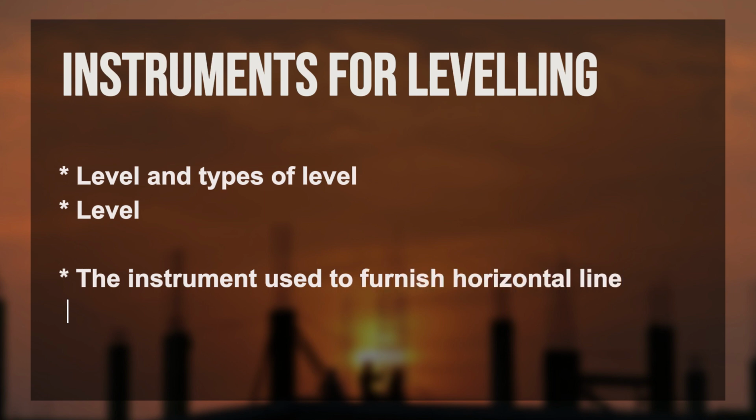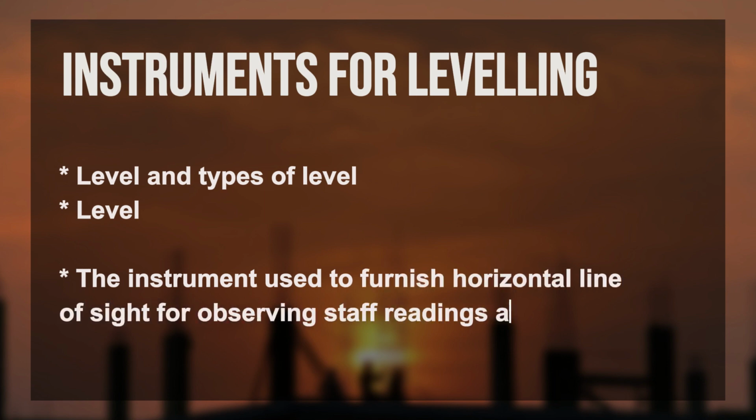The level is the instrument used to furnish the horizontal line of sight for observing the staff readings and determining the reduced levels. With the help of the level we will be noting down the readings. The readings we will be taking will be to the staff. So, the observation of the scale will be made with the help of the leveling staff.